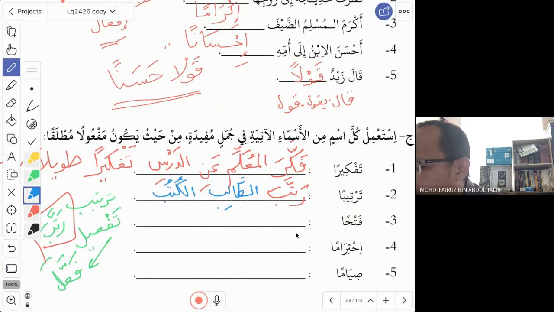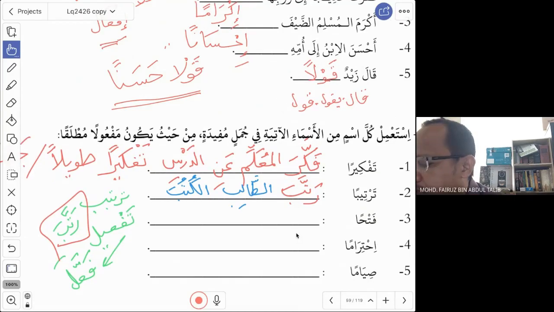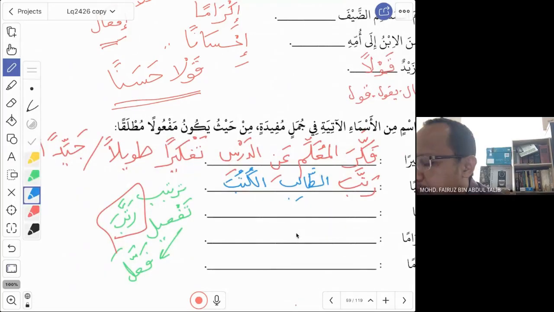Rattaba at-talibu al-kutuba. And then put the maf'ul mutlaq, tartiban. Okay, so now you have a masdar, you have a maf'ul mutlaq to emphasize.